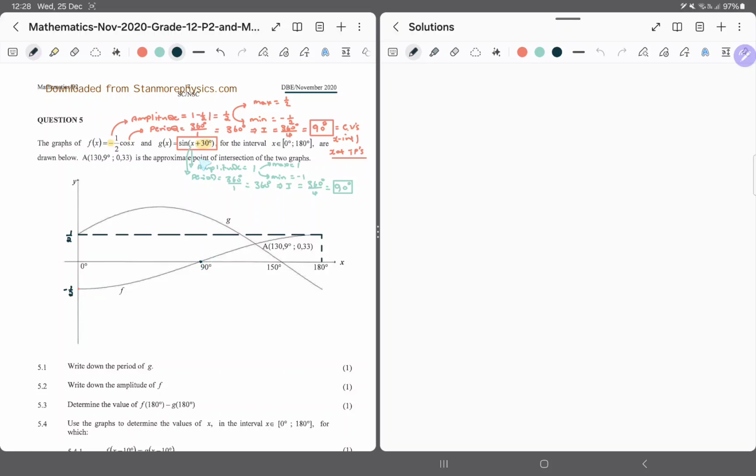But now this shifts 30 degrees earlier, because we can see that this maximum right here is a bit early. So this is going to be 30 degrees early. So 90 minus 30 gives us 60 degrees. Can you see that is where the maximum is? Because the maximum of this function is supposed to be at 1. So this means this is 1.